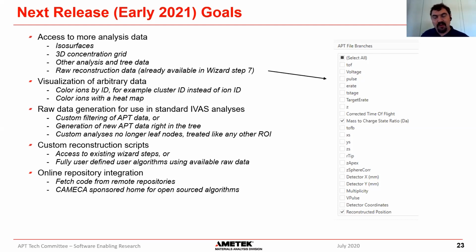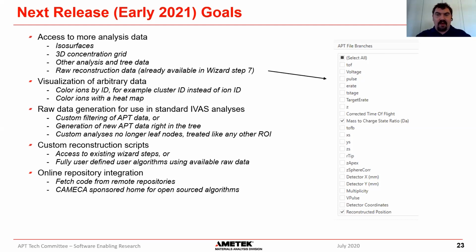And we're also going to have a new type of module, a custom reconstruction module or custom reconstruction scripts, so you can do your own reconstruction algorithms or automate some of our existing reconstruction wizard steps and parameters like K-factor.